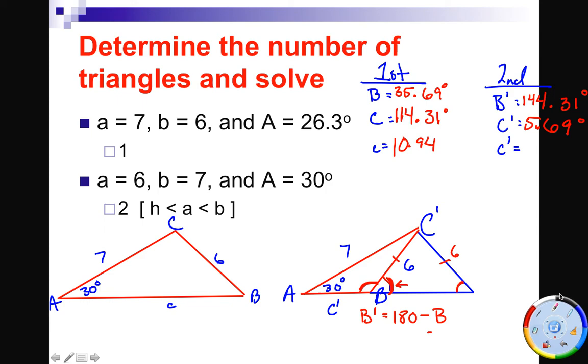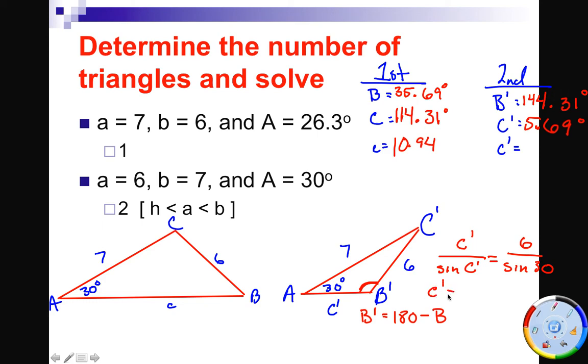Now I need to use the law of sines. So if I eliminate the rest of this picture that wasn't actually there, and figure out finding C prime. So C prime over the sine of C prime is equal to 6 over the sine of 30. I'm trying to use as many of the numbers that were already given to me, by the way.